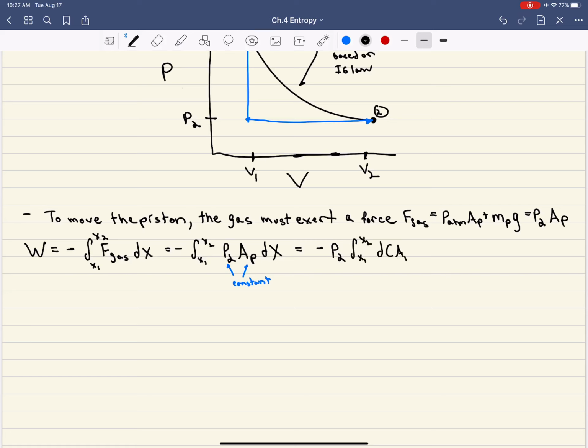We get area times displacement, which we can then turn into a volume. And if we go through that integral, what we get is now just pressure times V2 minus V1.